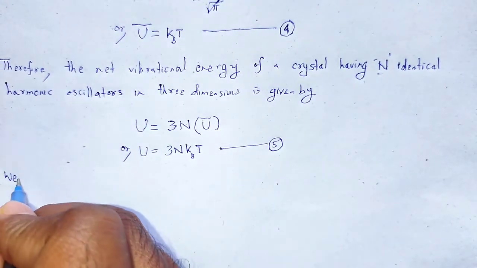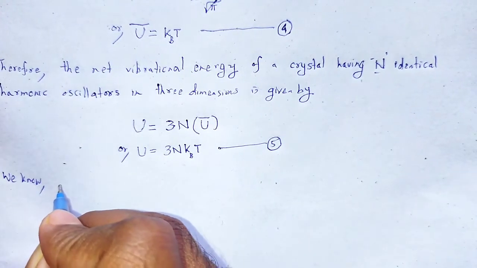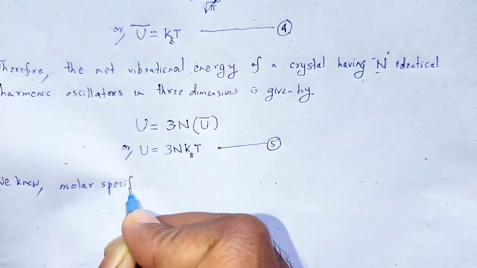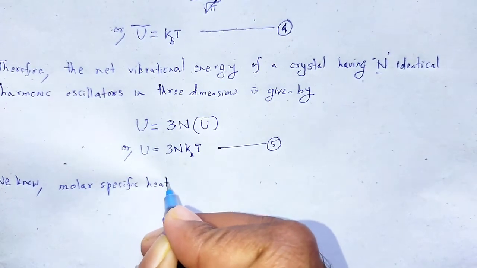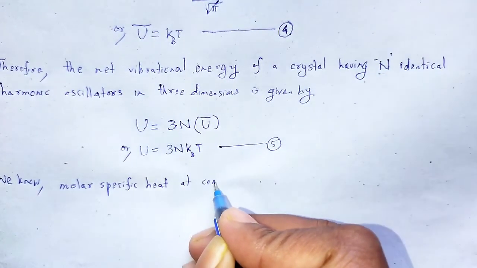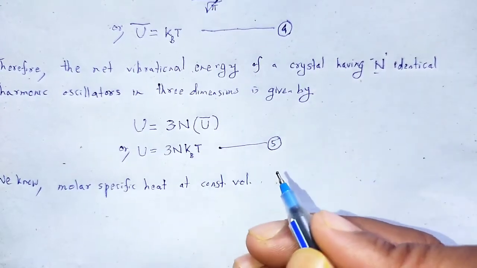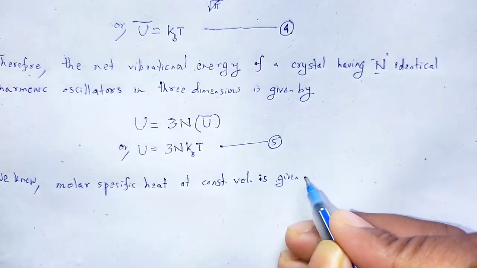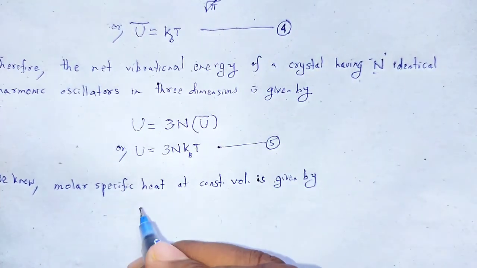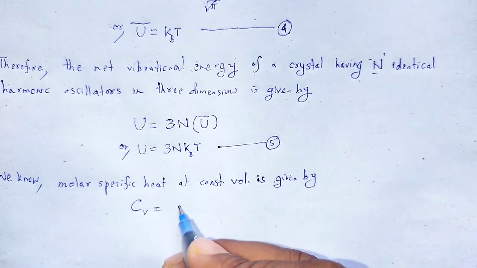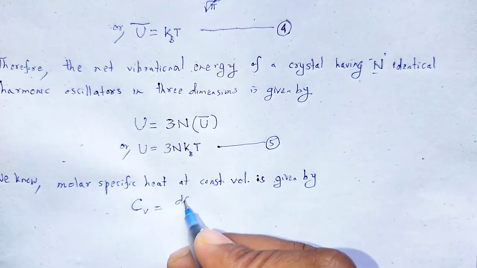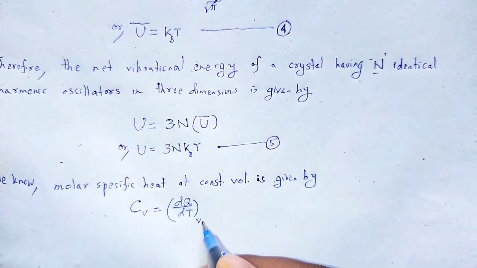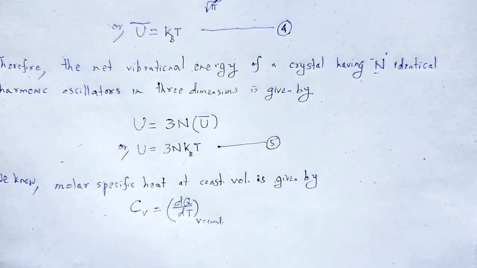We know the molar specific heat at constant volume is given by Cv equals dQ by dT at constant volume, where V is constant.